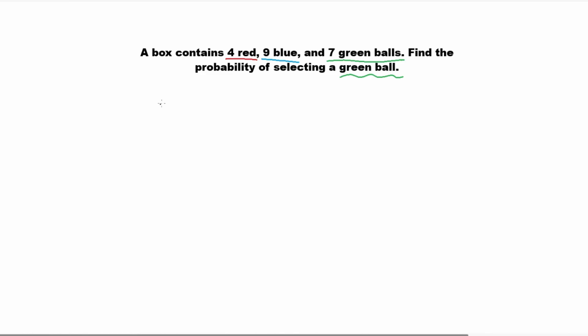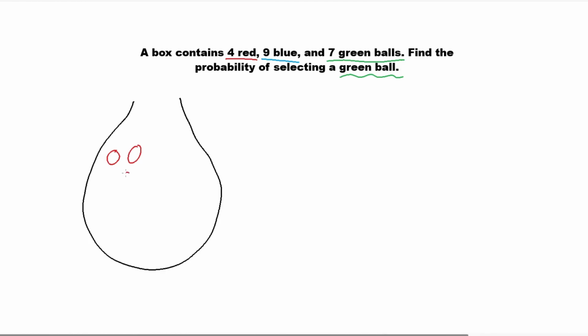So let's just draw a sack of bowls. Here we have a bag. We'll draw our 4 red ones, 9 blue, 1, 2, 3, 4, 5, 6, 7, 8, 9, and our 7 green bowls.